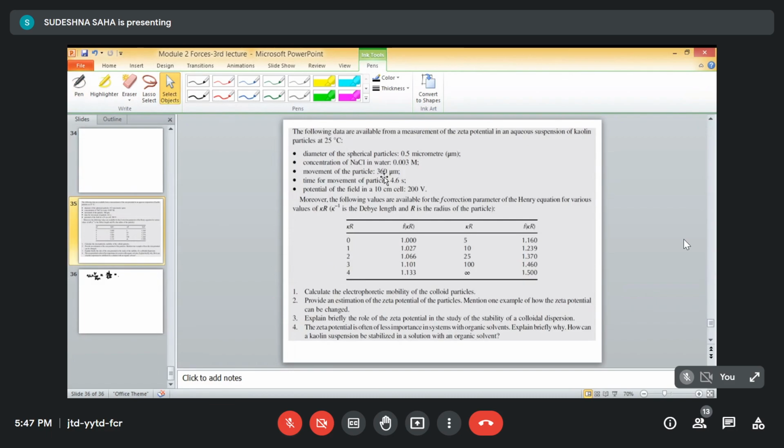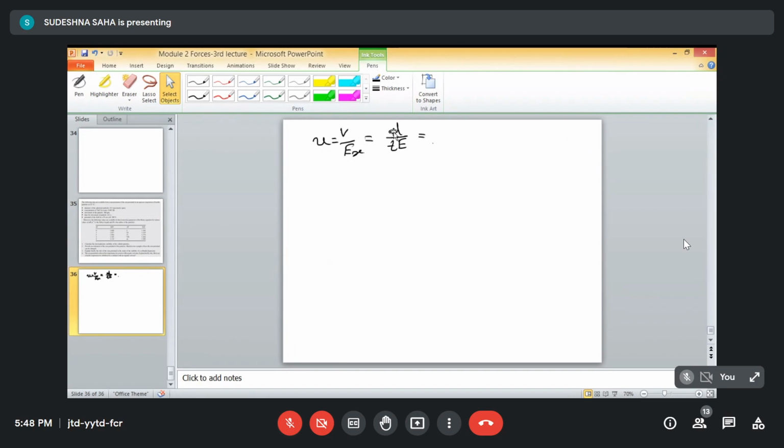The distance is given as 360 micrometer, time is given as 4.6 seconds, whereas the potential of the field is given as 200 volts, and so we can put all these values over here in order to obtain the u value.